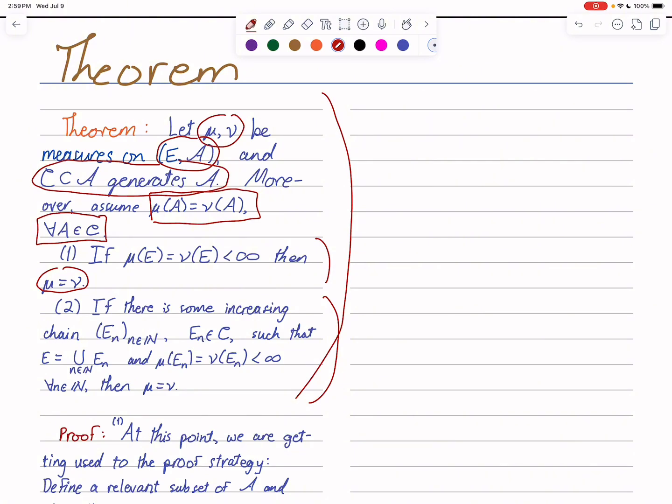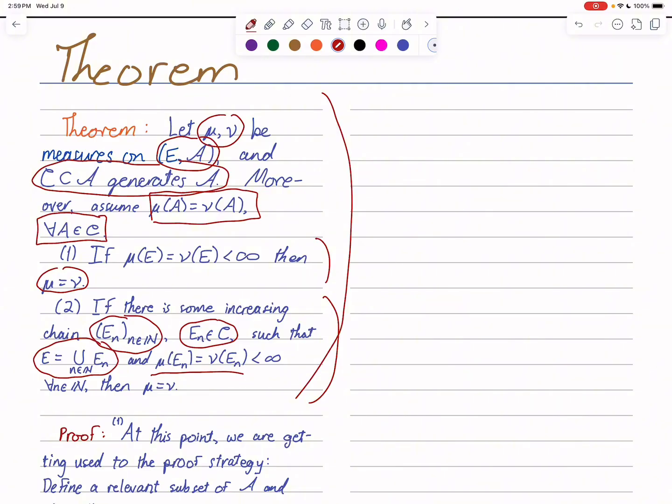This one says, suppose that you have some sequence in your generators such that their union is the entire space, and suppose that the measures agree on each term in this sequence and that each one is finite.